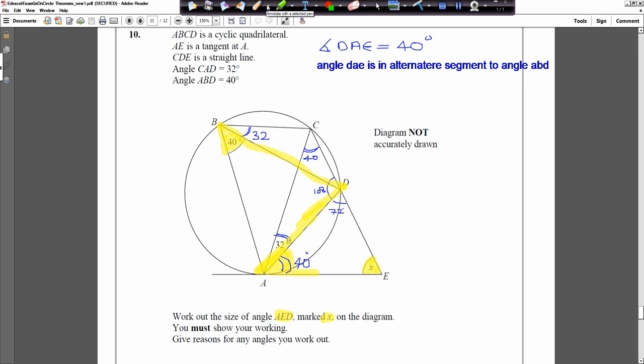Let's change color. Okay, now we need to say angle BCD, angle ACD, is equal to 40. And the reason for that is, what's the reason for that?